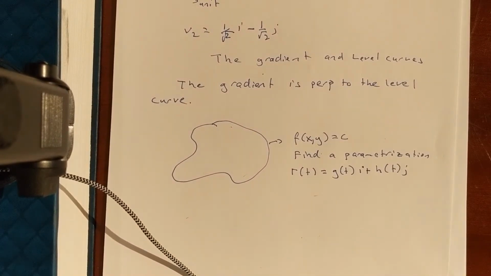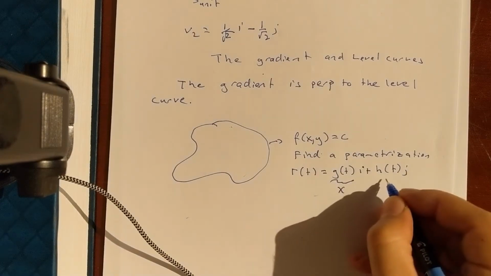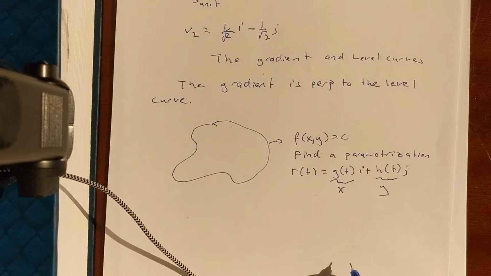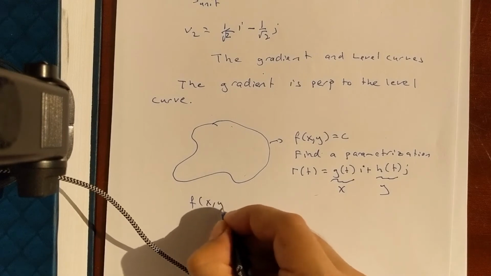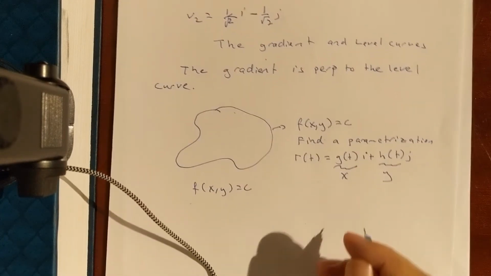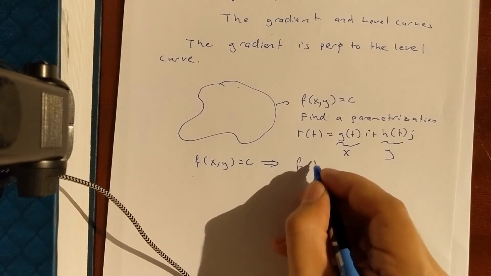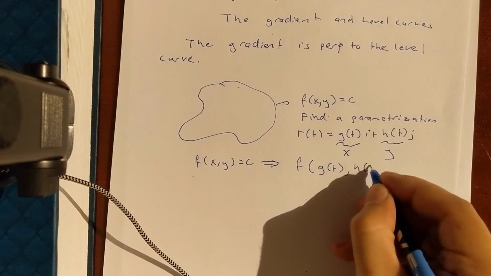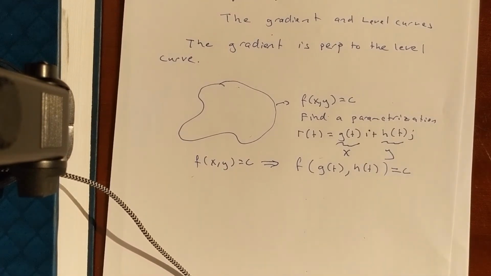From here, this would be my x component, and this would give me my y component. Then from f of x y equals c, remember this describes the level curve, we get f of g of t, h of t equals c.